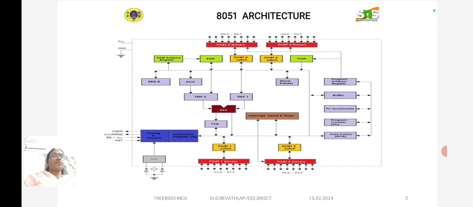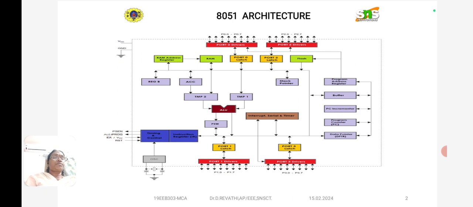We know that the ALU's function is to perform arithmetic and logical functions. Along with this, the stack pointer: whenever an interrupt occurs in the program, either maskable or non-maskable, the program is stored into the RAM, it performs the subroutine and comes back to the main program, and it will continue the programming.